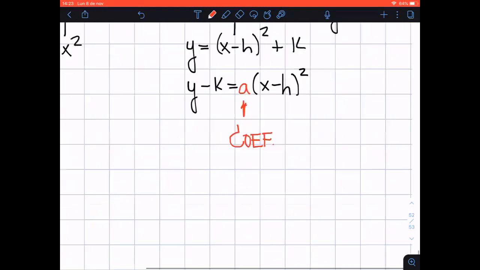Now, I will deduce another equation from that rationale that we just made here, where you will have y minus k equals 4 times p times x minus h squared.